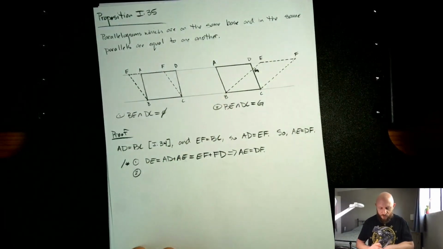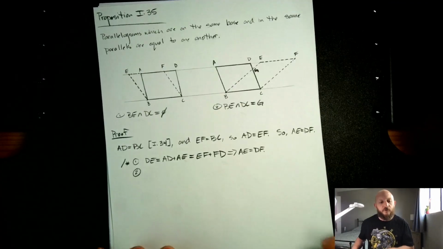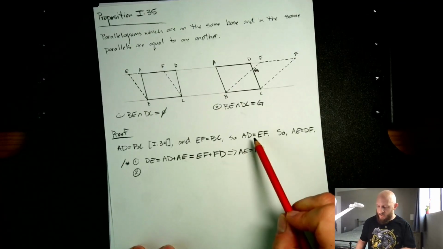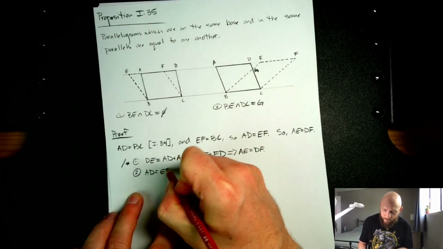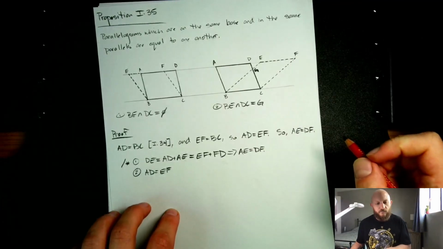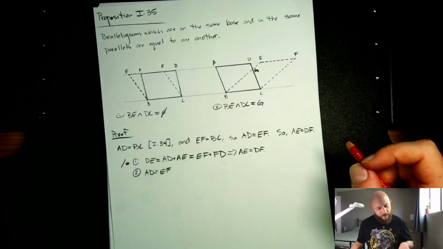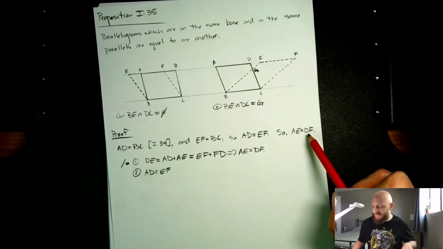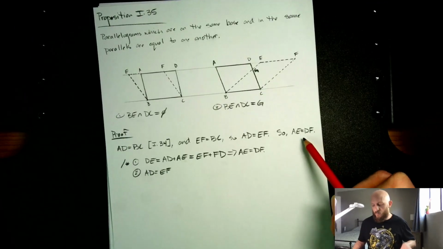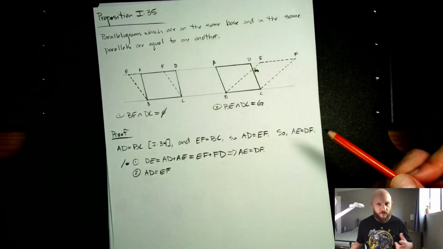In diagram 2, it's still true, it's just that proving it is a little bit different. So we know that AD equals EF again. And this is more how Euclid does it, because when he says AE equals DF, he cites common notion 2, which is the one that says equals added to equals are equal.